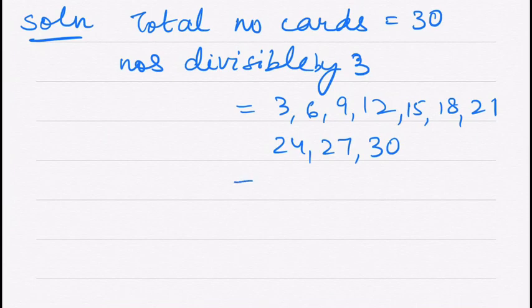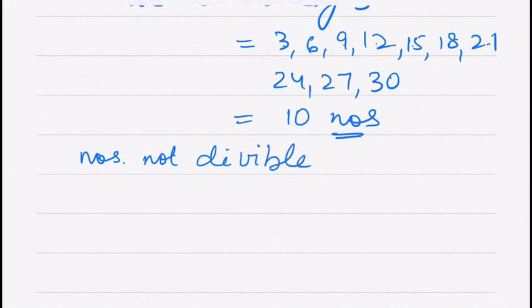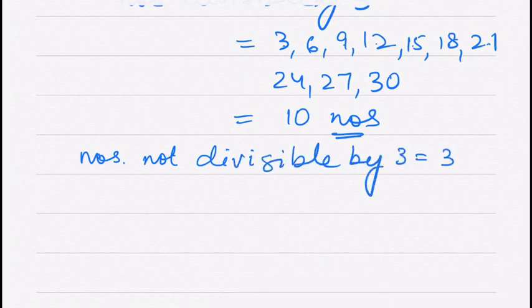How many numbers are divisible by 3? 1, 2, 3, 4, 5, 6, 7, 8, 9, 10. 10 numbers are divisible by 3 and total numbers are 30. So my favorable outcomes, the numbers not divisible by 3, because that has been asked in the question, will be equal to 30 minus 10. So there are 20 numbers which are not divisible by 3.